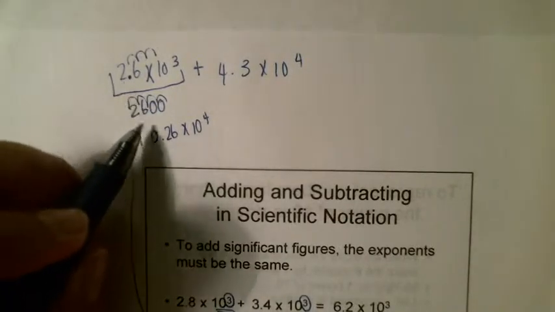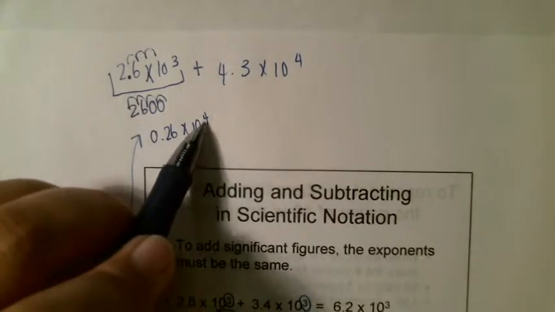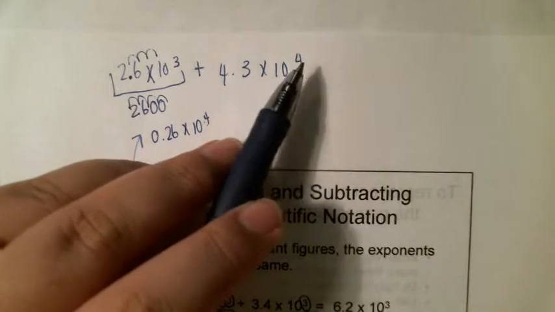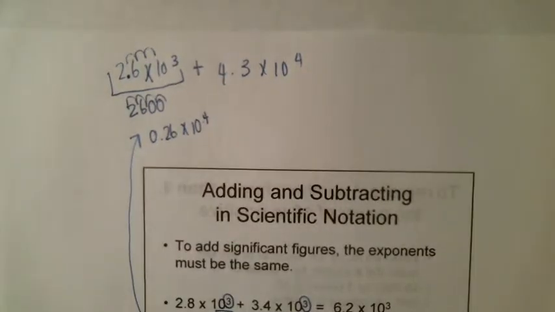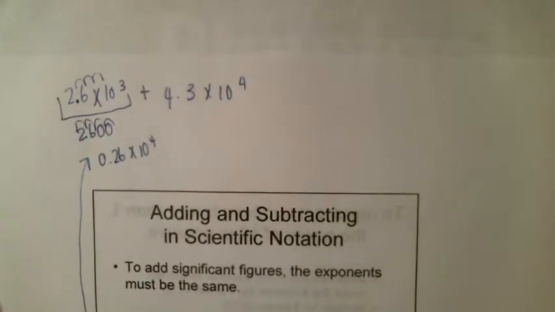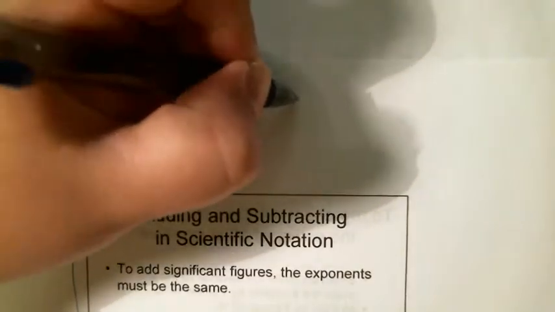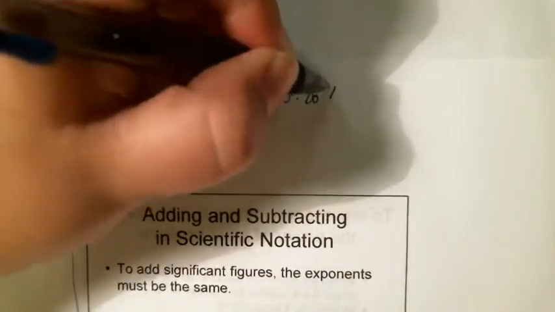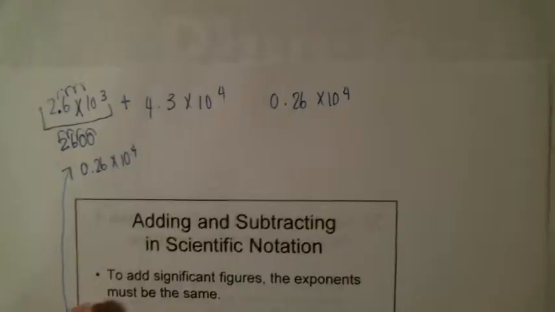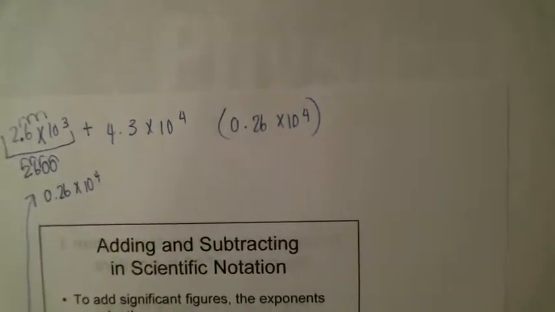It's just written differently since we want these exponents to be the same. So our next step would be to write 0.26 times 10 to the fourth, I'll put that in parentheses so it's a little more clear, plus 4.3 times 10 to the fourth.